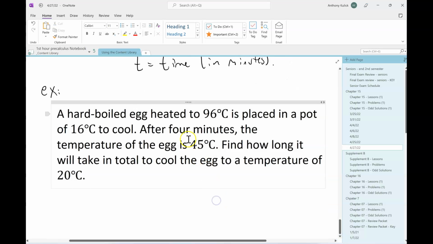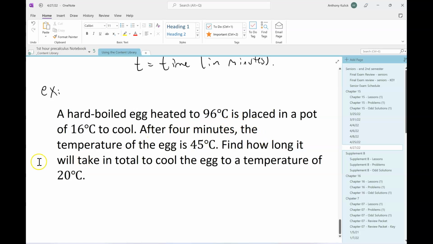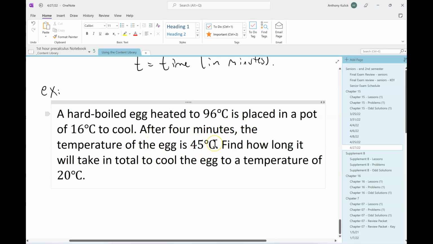A hard-boiled egg is heated to 96 degrees Celsius and then placed in a pot of 16 degrees Celsius water to cool. After 4 minutes, the temperature of the egg is 45 degrees. Find how long it will take in total to cool the egg to a temperature of 20 degrees, like room temperature. Ish.